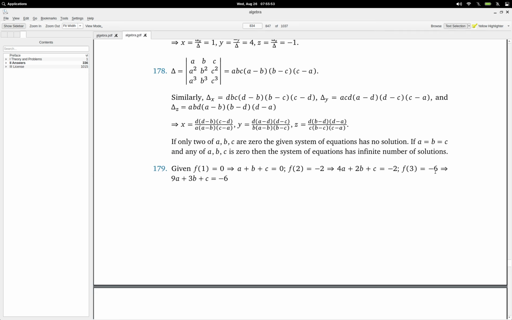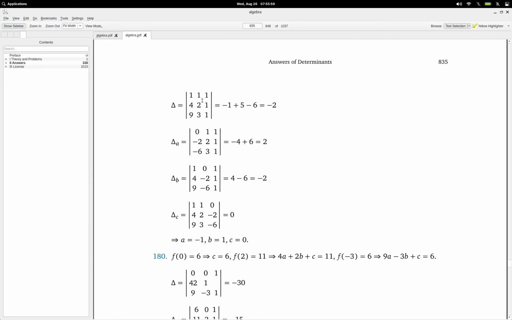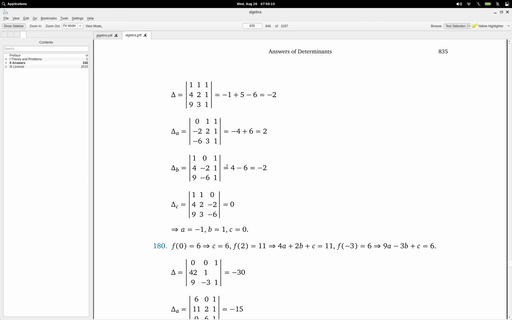And f of 3 is equal to minus 6, that is 9a plus 3b plus c is equal to minus 6. Now we solve using Cramer's rule. We have delta is equal to minus 2, delta a is equal to 2, delta b is equal to minus 2, delta c is equal to 0. So a is equal to minus 1, b is equal to 1, and c is equal to 0.